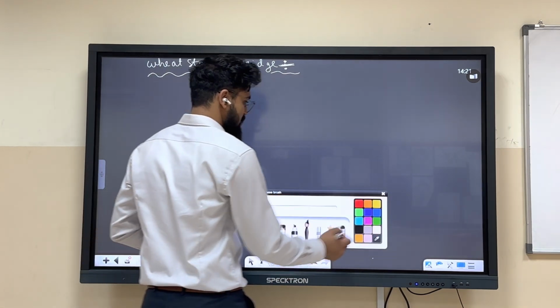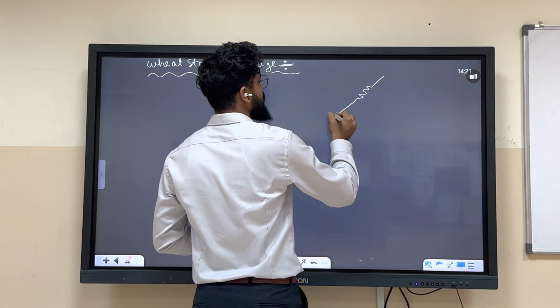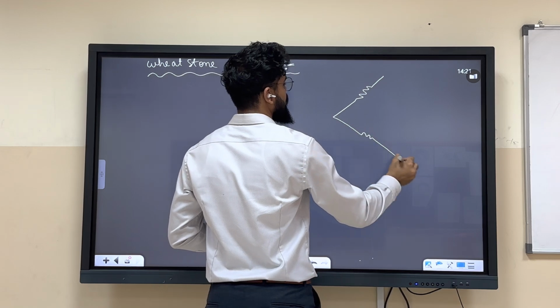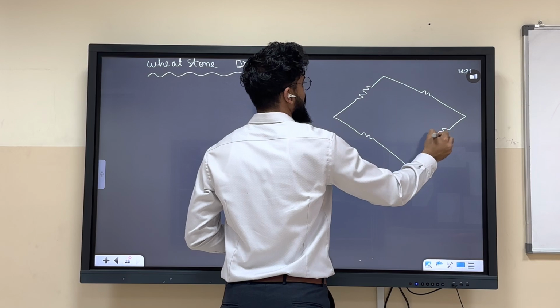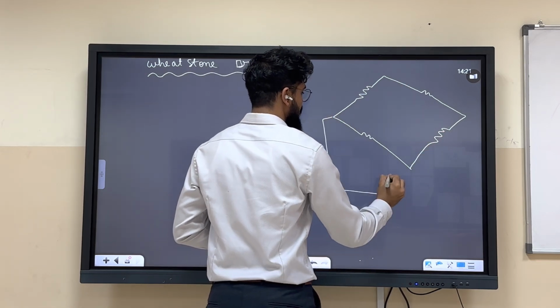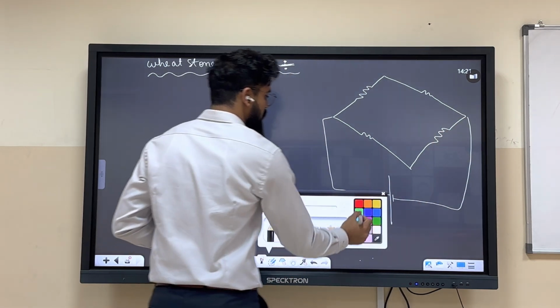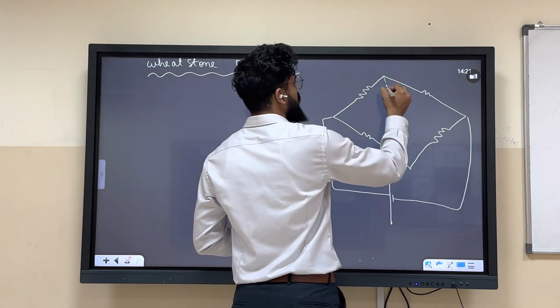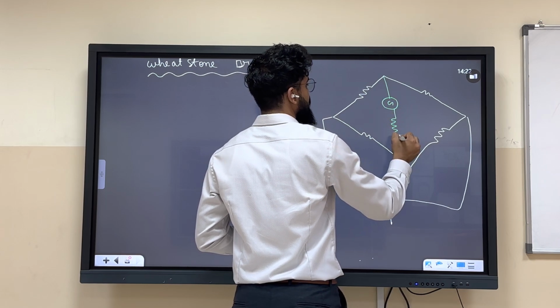Okay, look carefully. Over here, a very symmetric kind of thing. Over here, they are resistances. They are connected to a certain battery or a cell like this, and now this whole thing is connected with a galvanometer, and you have one more resistance over here.